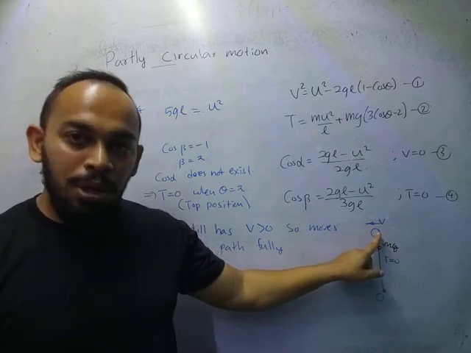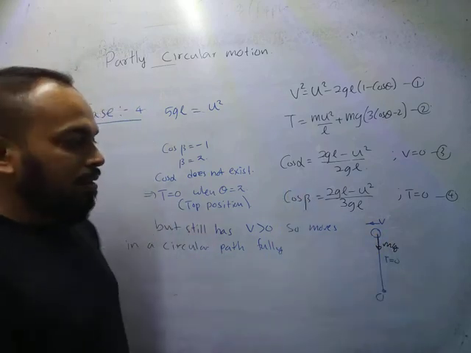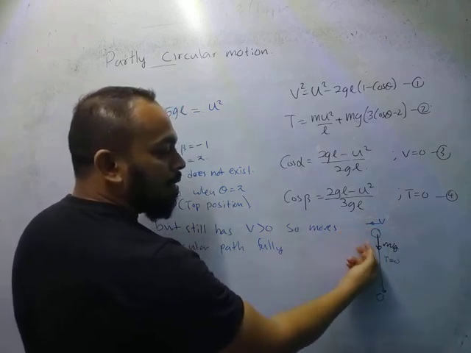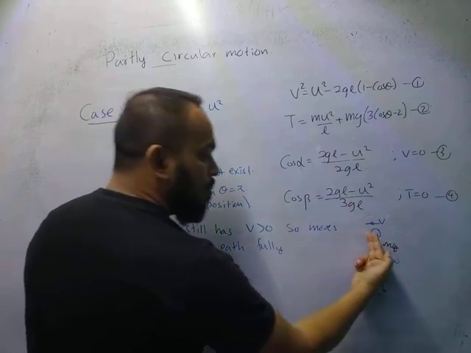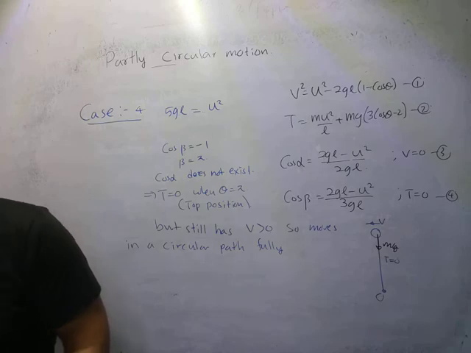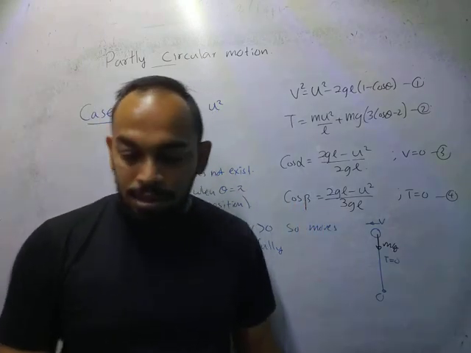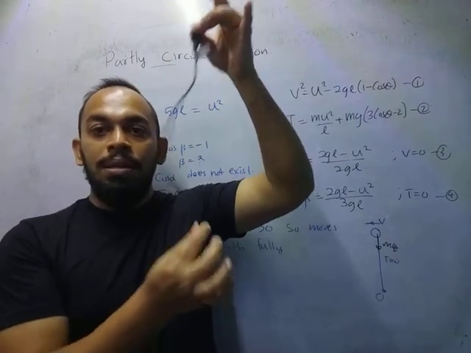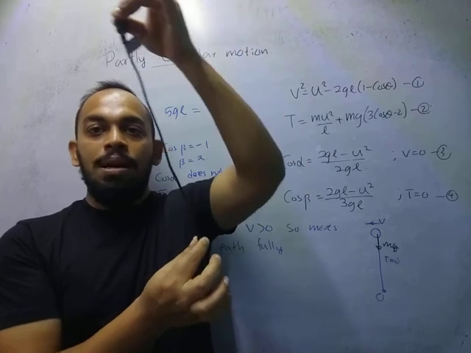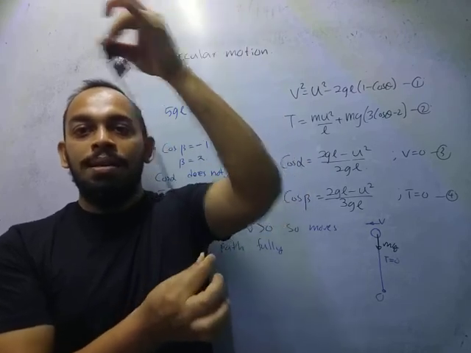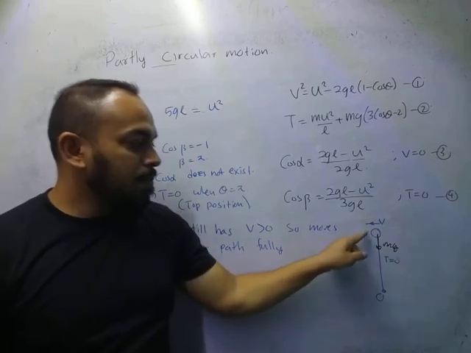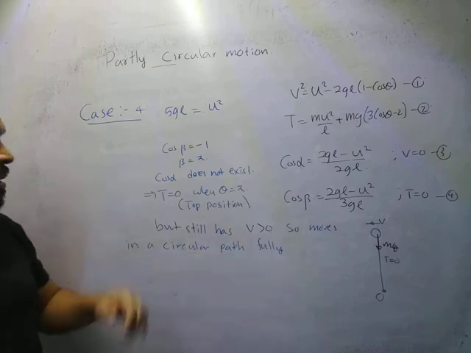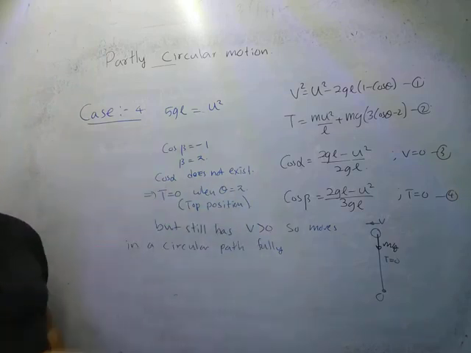Also, since it has velocity V, it moves forward and tries to go straight, but it cannot. As it tries to go straight, the string becomes taut again. The string goes slack for a moment and then becomes taut. So at the top position it still has V, and moves in a circular path. So it takes on a full circular path.